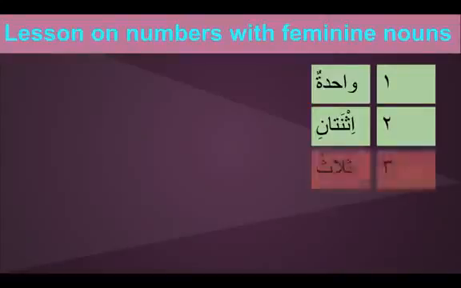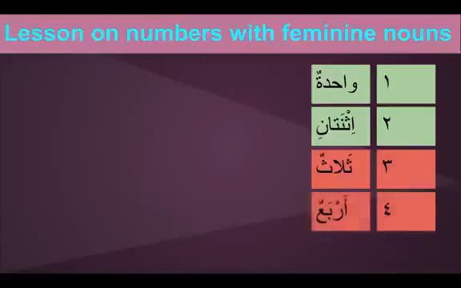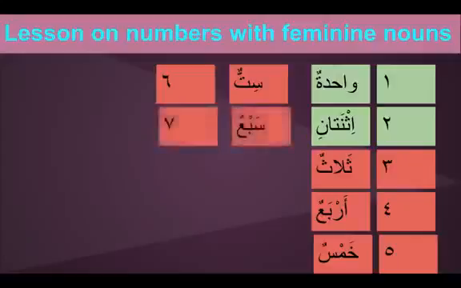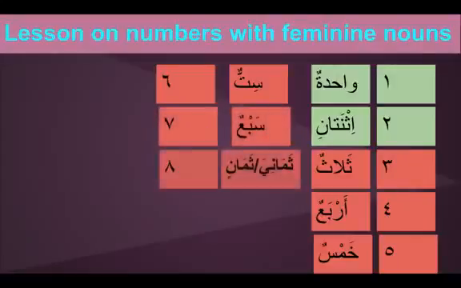So 3 will be thalathun, arba'un, khamsun, sittun, sab'un, thamaniya or thamanin. Number 8 is a slightly different way of construction which we'll learn later. We have ya coming here, thamaniya or thamanin, like sab'un.